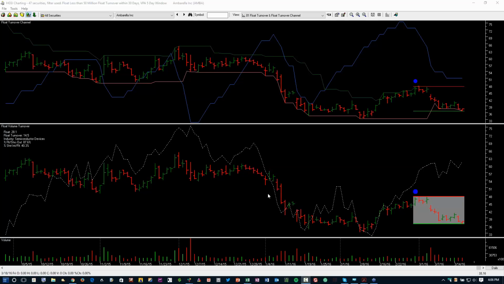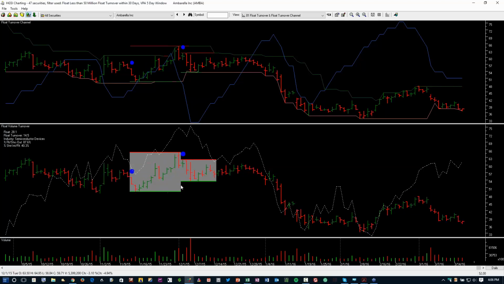Because if a stock is moving up, and let me go back over here to this area, for example, during this time period right here, I'm just going to draw a frame around this so it encompasses both indicators.